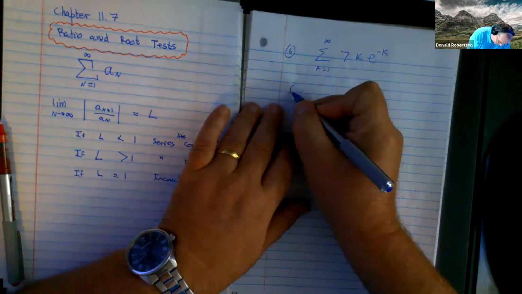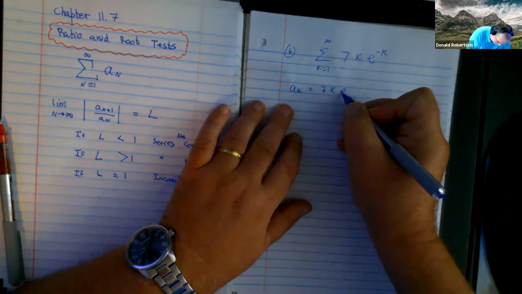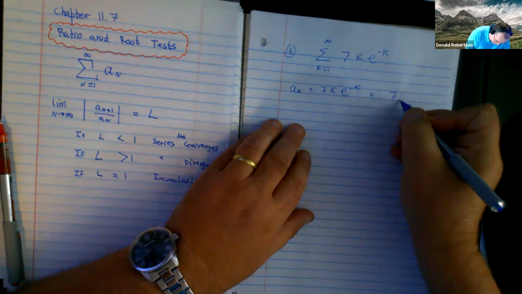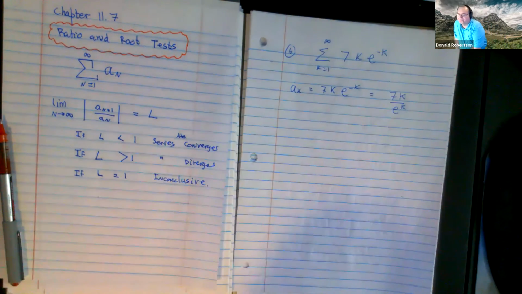Now, a_k is 7^k e^(-k). I'm not arguing that's what it is, but I suggest that you write it like that. Why do you think I want to turn it into a fraction rather than leave it as a negative k power? What do you think my thinking behind why I'm doing it that way is?